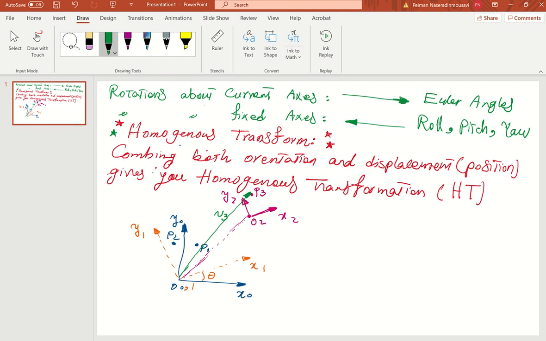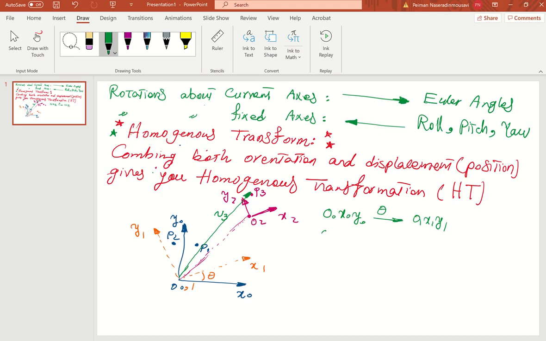So first, O0 X0 Y0, for the rotation of theta, is transmitted to O1 X1 Y1.